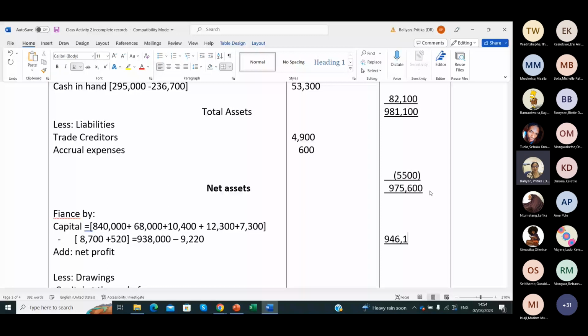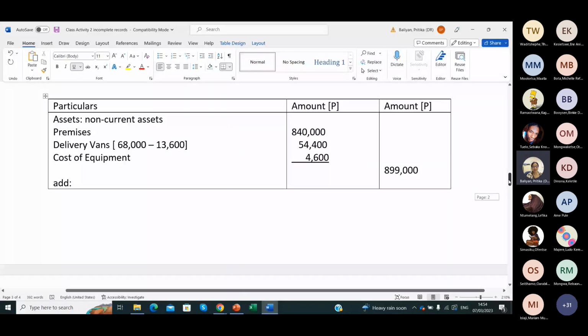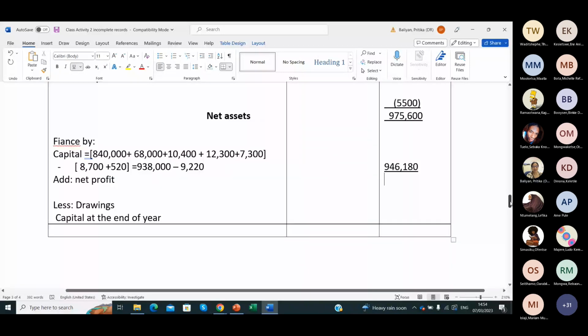Then you add the net profit. How much was the net profit we calculated? 55,020. So we add 55,020. So the total becomes 1,001,200. Then from that we subtract the drawing.